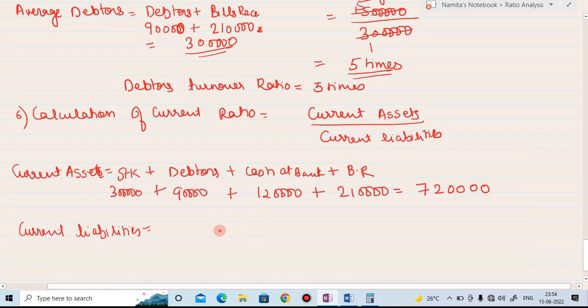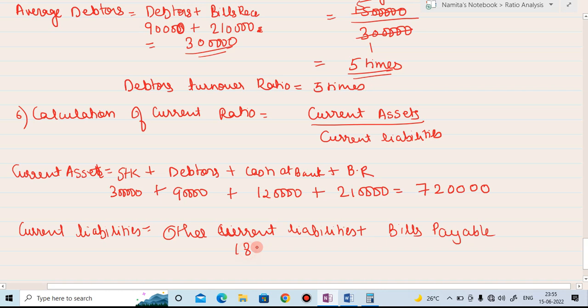So current liabilities is equal to other current liabilities plus bills payable. So other current liabilities 1 lakh 80,000 plus bills payable 80,000. Add these two, the amount is 2 lakh 60,000.